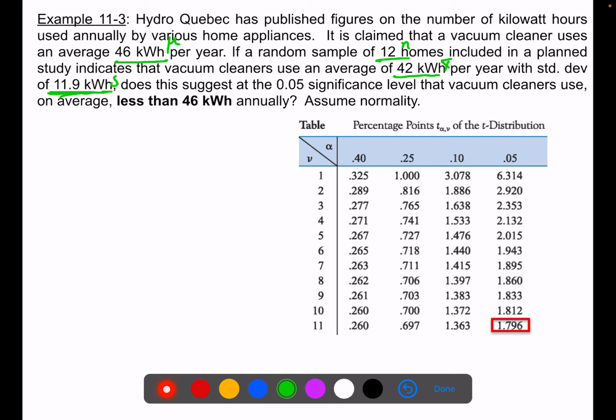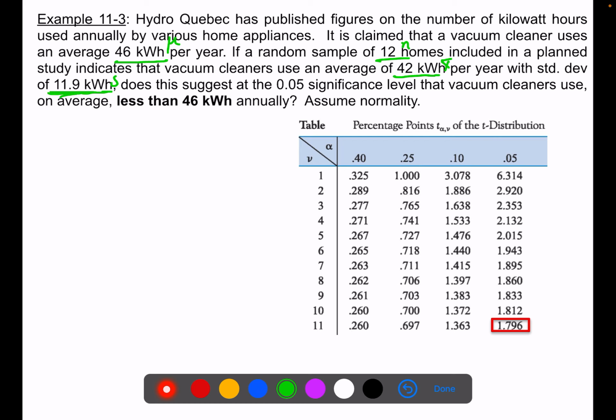For the t distribution, we look at degrees of freedom of n minus 1, so 12 minus 1 is 11. The question says less than 46, so it's one-sided. So I have to look at t of 0.05, not 0.05 divided by 2.